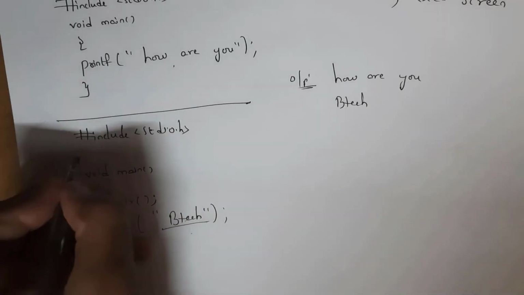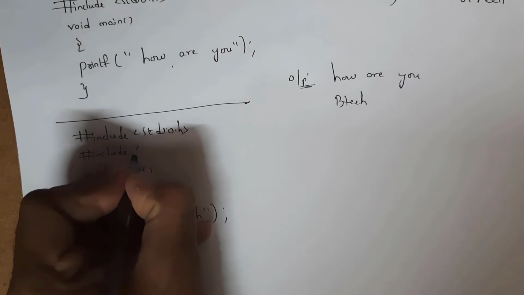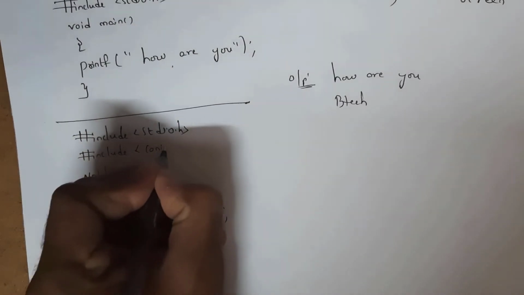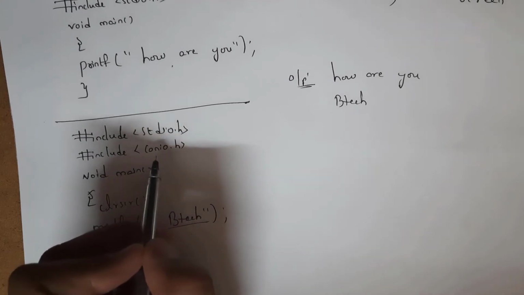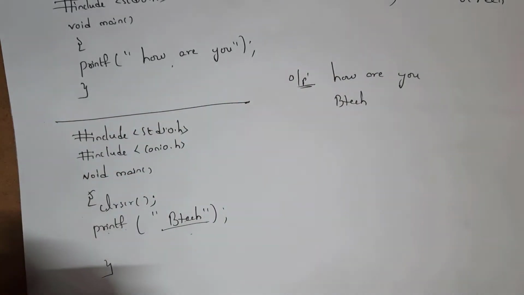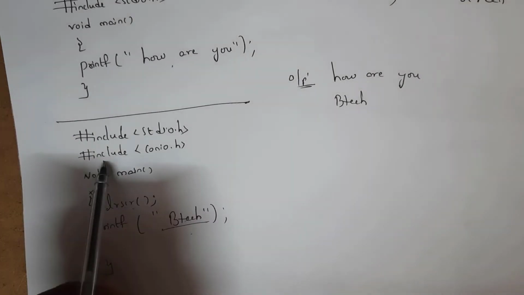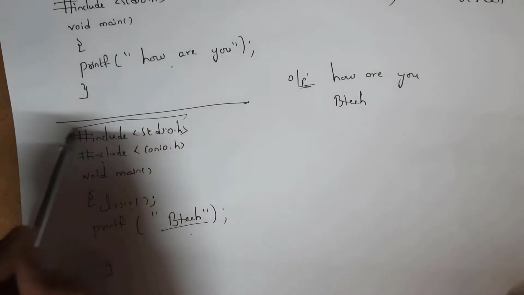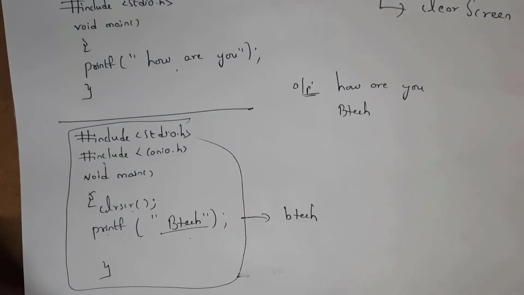So you need to write here #include, open angle bracket, conio.h, where conio.h stands for console input output header file. So definitely you need to write here #include conio.h. Whenever you execute this program, you will get output as btech. So the clrscr function is used to remove the previous program's output.